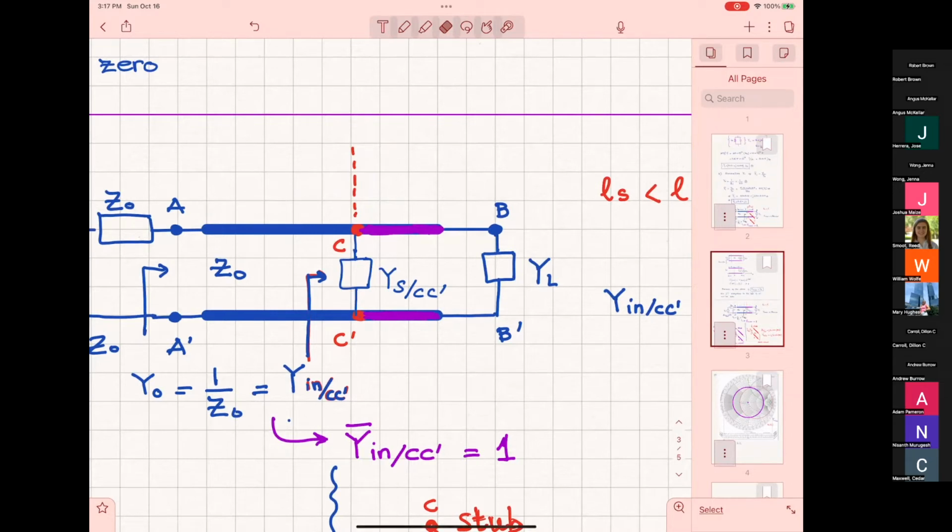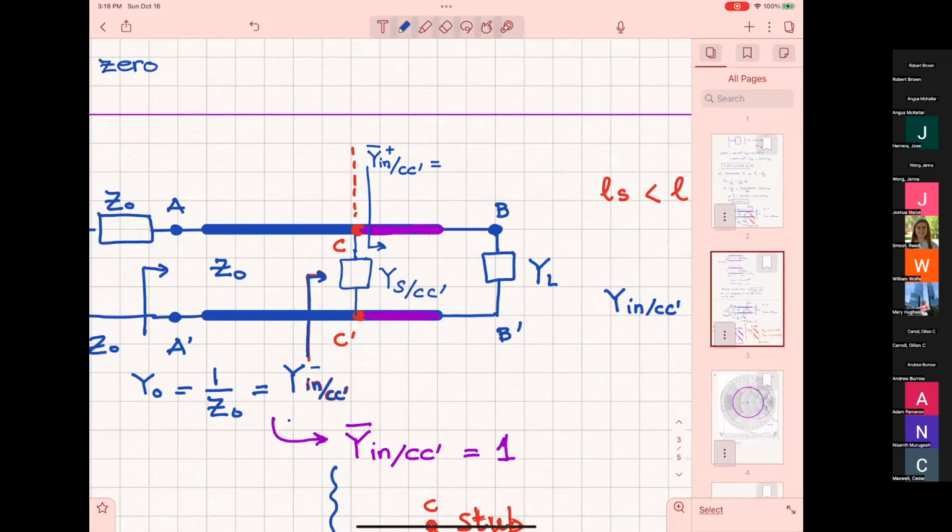So at that point, if I were to look for the input impedance to the line now, to the line, see, I don't say stub, so it's CC prime, exactly to the right of the stub. Let me call it to the right plus, and to the left minus, just to differentiate because we are right at the same junction.